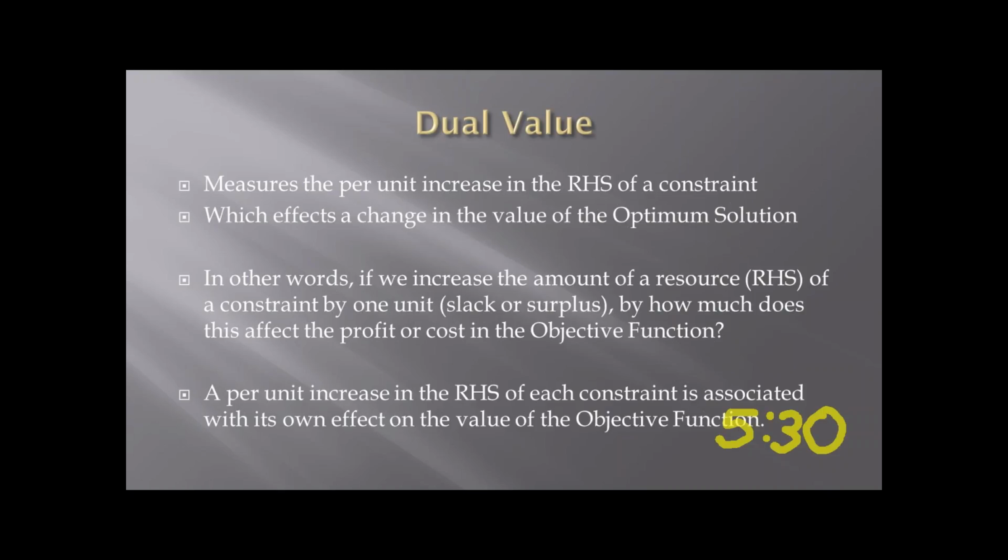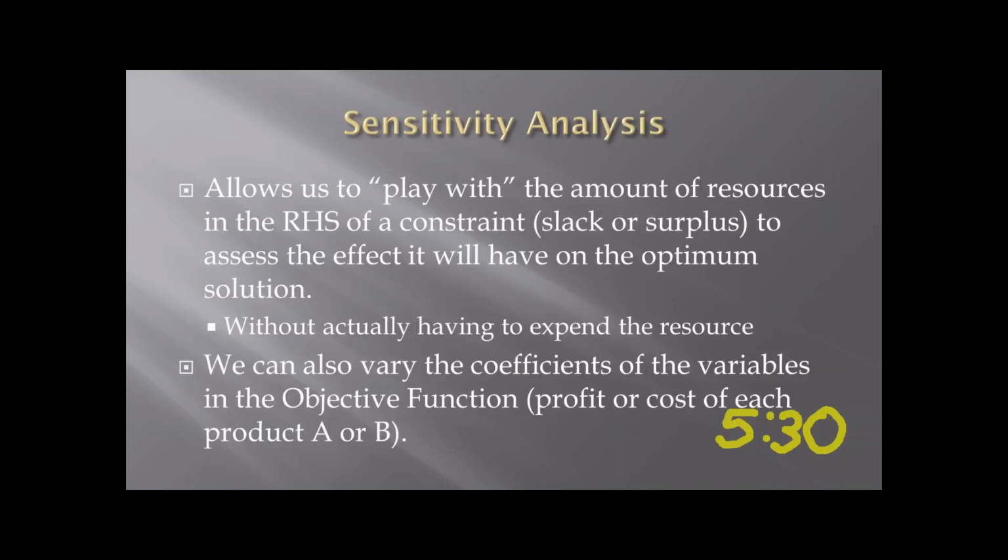And why would we be interested in that? Because we want to know, if we have slack or surplus left over, how much that's going to increase our bottom line. And that's what sensitivity analysis is all about.